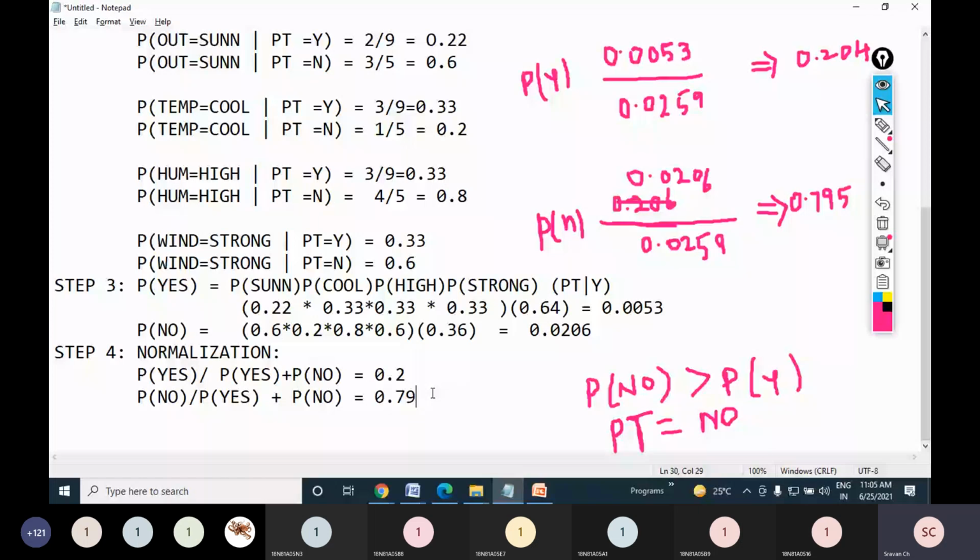So probability of yes and probability of no after normalization, if I sum them, I should get 1. That's the purpose of normalization. If you're not getting close to 1, it means in the previous step, you might have committed some mistake in your conditional probabilities or individual products. So what is the answer to this problem? Playing tennis is equal to no.